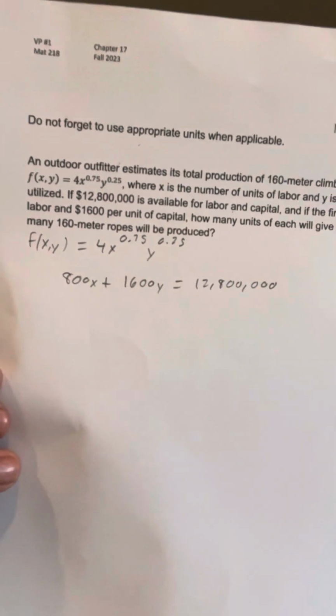So this constraint will be 800x per unit of labor plus 1600y per unit of capital equals 12,800,000.